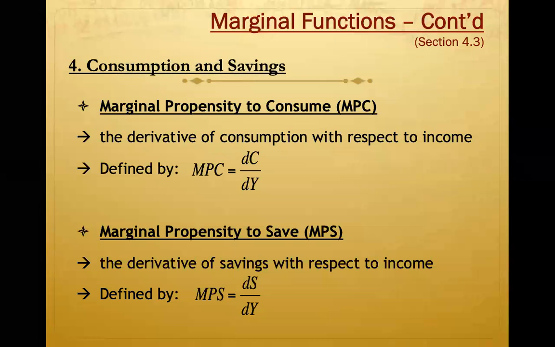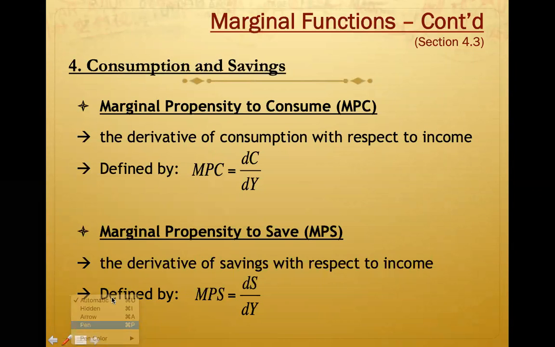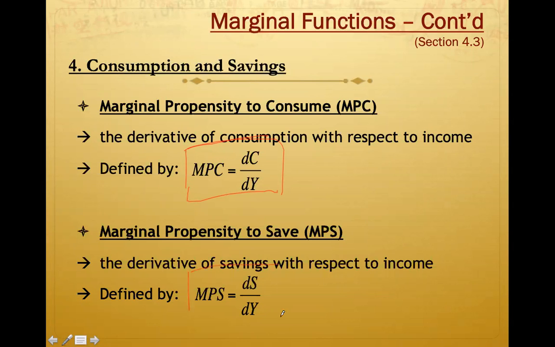So the MPC, this is the formula for MPC. MPC equals dC by dY. And then MPS equals dS by dY, where Y is income. Don't forget, S is saving, C is consumption.